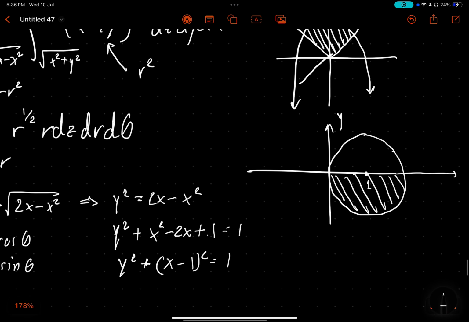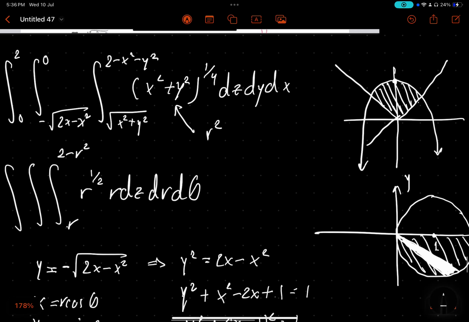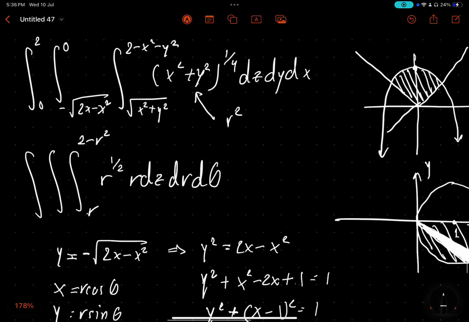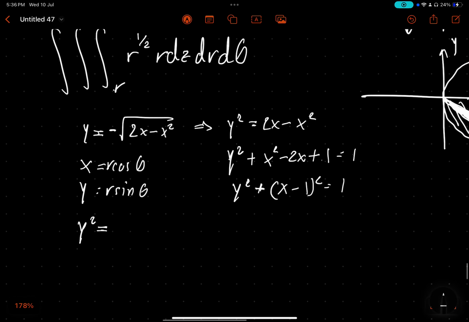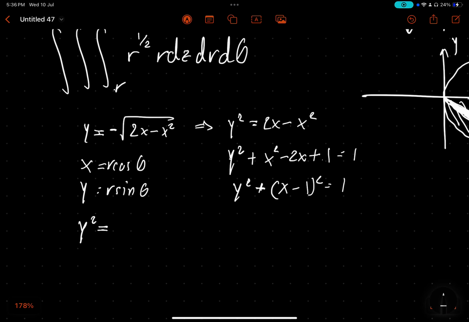So okay, we can basically just draw our little part here, and r is going to go from here. So we said 2x minus x squared.